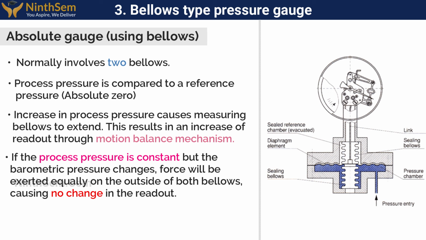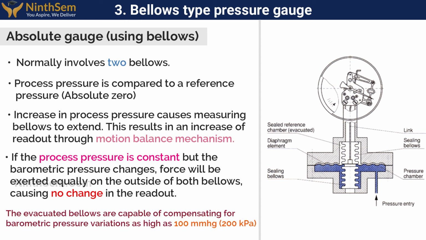Force will be exerted equally on the outside of both bellows, causing no change in the readout. The evacuated bellows are capable of compensating for barometric pressure variation as high as 100 mmHg, that is 200 kilopascal.